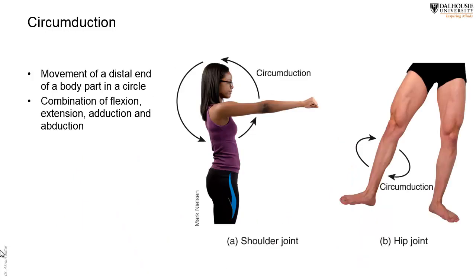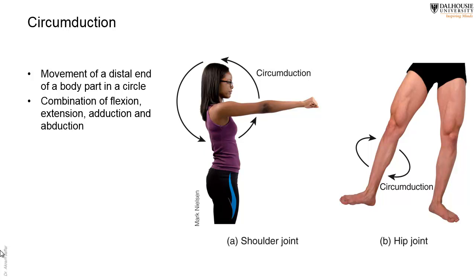Another angular movement is called circumduction. And it's important to differentiate between circumduction and rotation. Circumduction is not a movement by itself. It's a combination of movements. Sometimes it's described as drawing a cone in space.